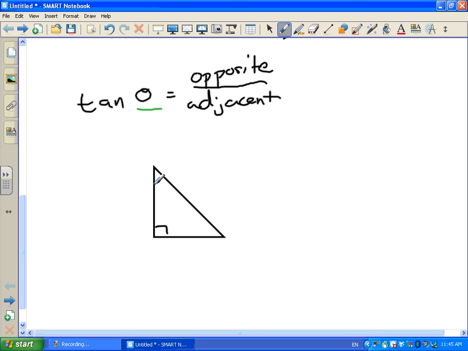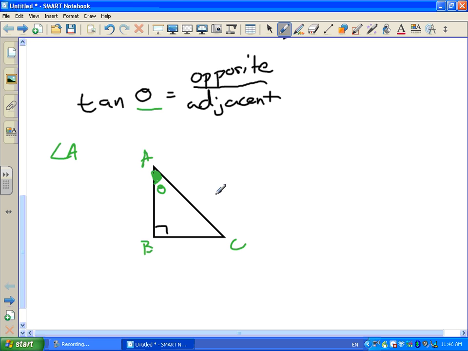So let's say I'm referring to this angle here of our A, B, C. I'm referring to my angle A. Okay? That's my theta. So I need to solve for this. I don't know what it is. We're going to call it theta. Think of it like x. It's a variable. The ratio says tangent theta, so tan of whatever that angle is equals the opposite side.